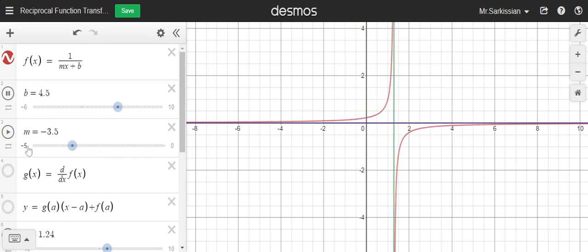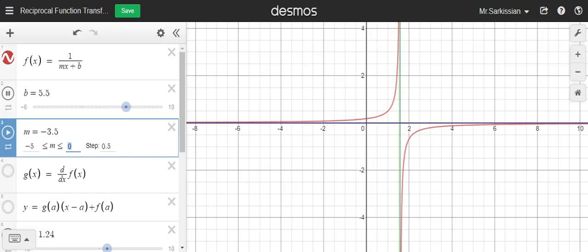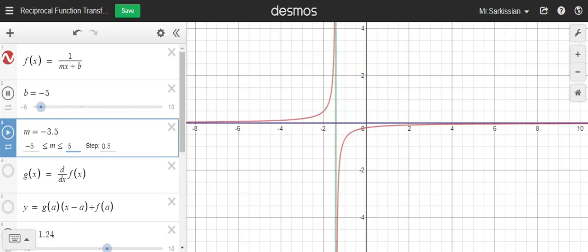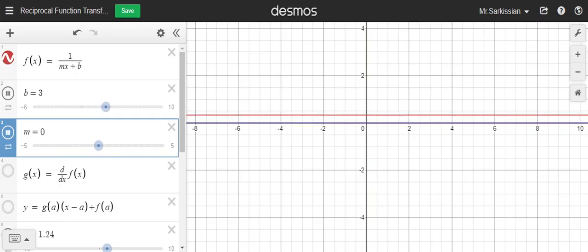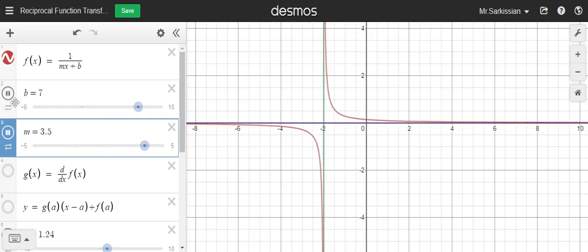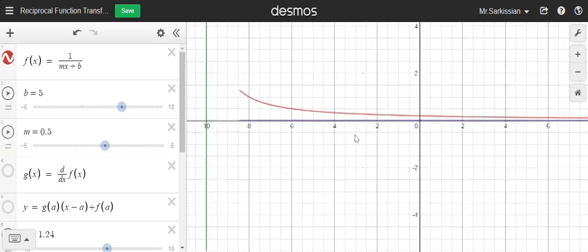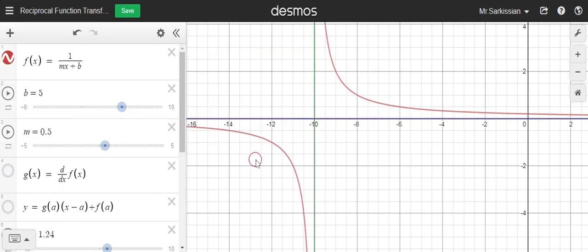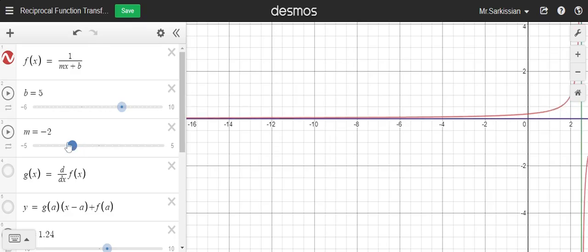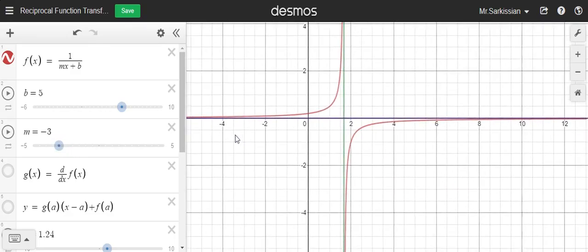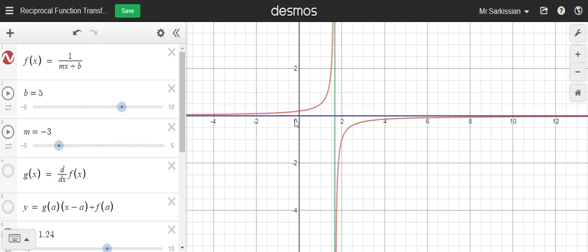Of course, m here, I have to change the value from negative 5 to positive 5 so that I can have both values of m, positive and negative. And as you see, when the value of m is a positive number, the left side branch is below the x-axis, but when m is negative, the left side branch is above the x-axis. So that's the major difference here.